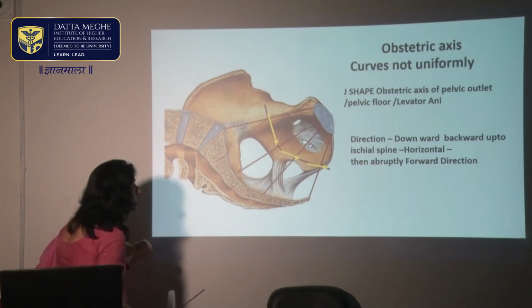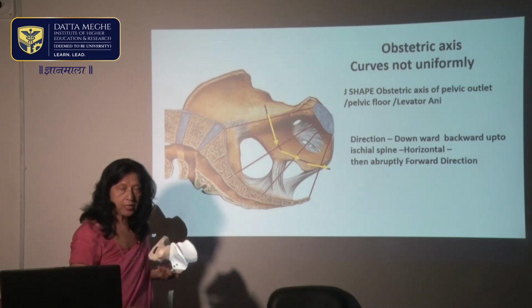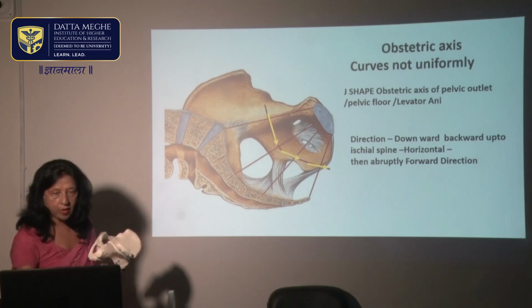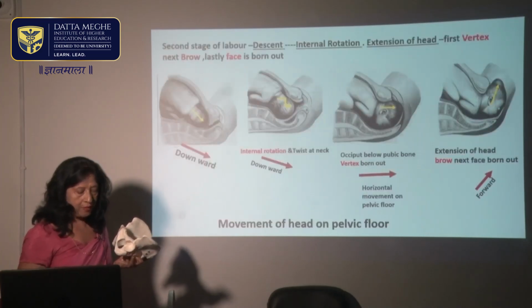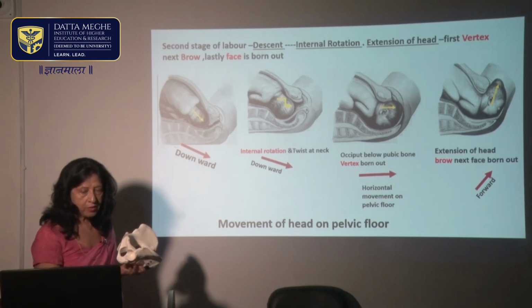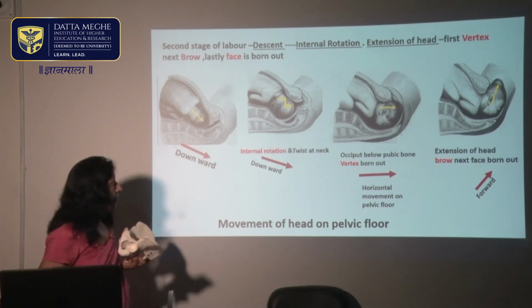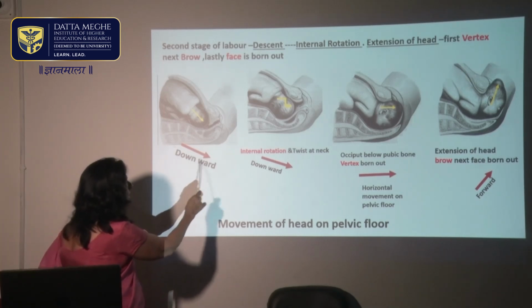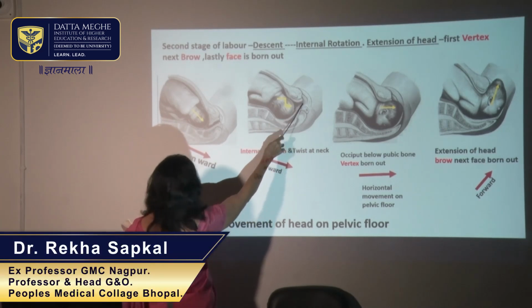In these cases, the forceps application, vacuum extraction, the direction of traction is according to the obstetric axis of the pelvis. This is how the internal rotation and extension of the head occurs on the pelvic floor, that is the obstetric axis. This is the downward movement. Here the head gets rotated towards the midline, occiput rotates towards the midline.